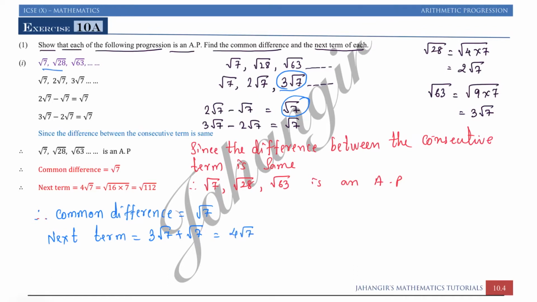But since question में pattern is this way, we have to write it in the same way. So we can write 4 को if you will put inside, you will get root 16 into 7, because when you have root 16 into 7, so root 16 को you can write 4 root 7. So again we are doing reverse step. So 16 into 7 is 112. So now my next term is root 112. Hope you understood.